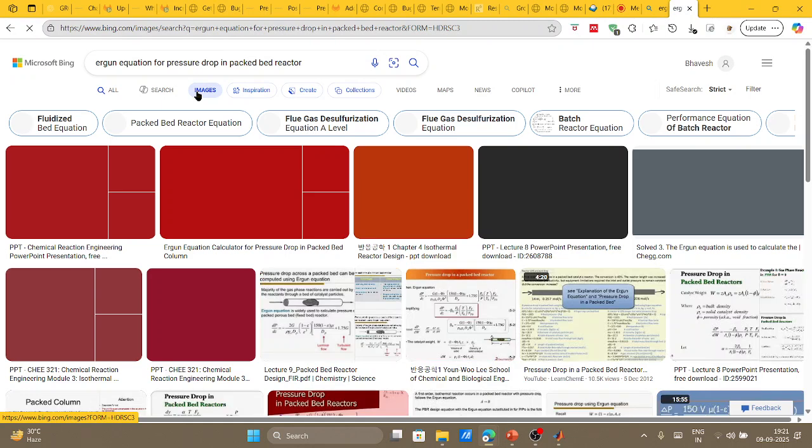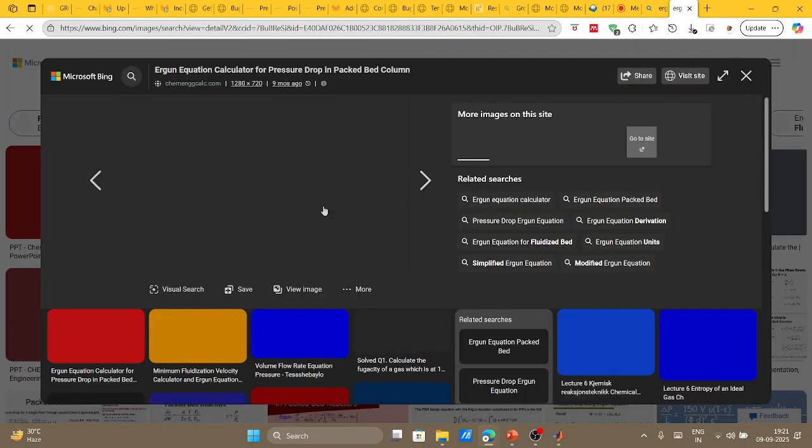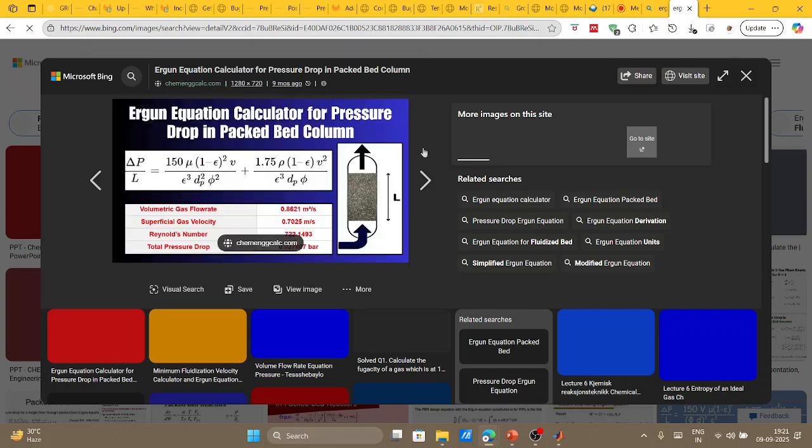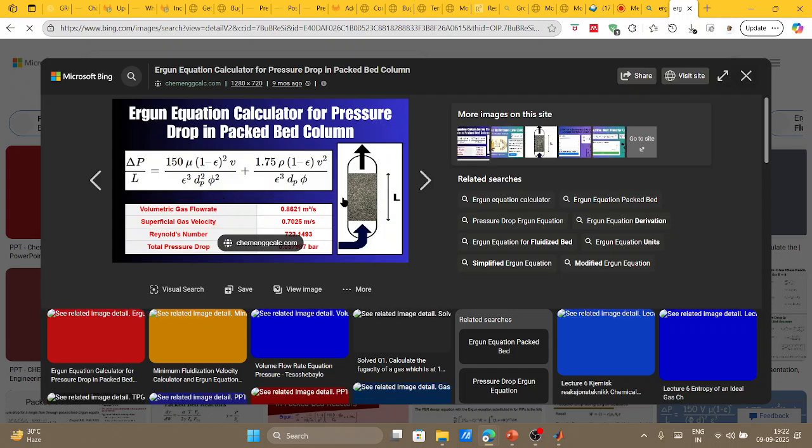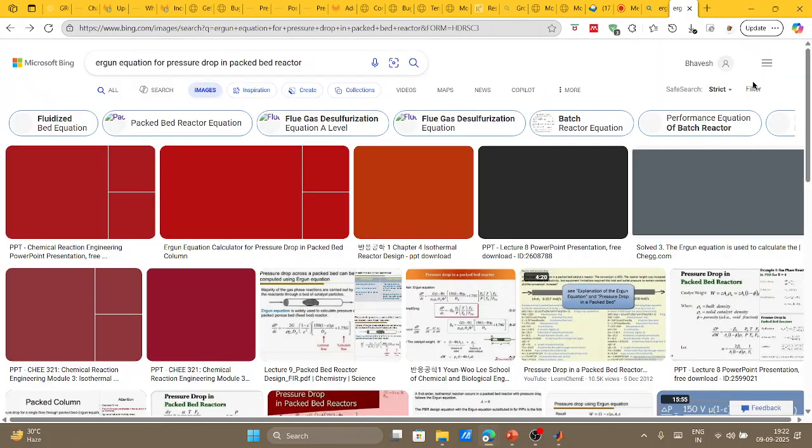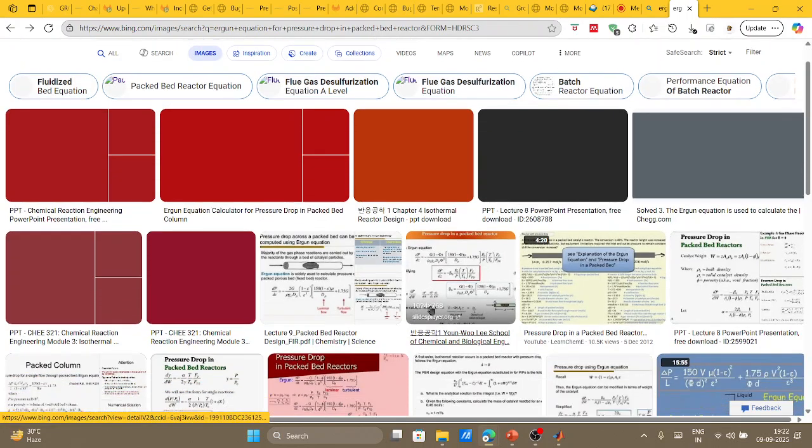You can refer to your engineering books to understand the equations much better, right? Now these equations are given in different forms. I think we are using the simplified form for the packed bed reaction. So this is how your Ergun equation looks like for the packed bed column. Okay, right? So you can see it's correlated on the various packing parameters, your porosity, your dP, your parameters, right? There is this other Ergun model.